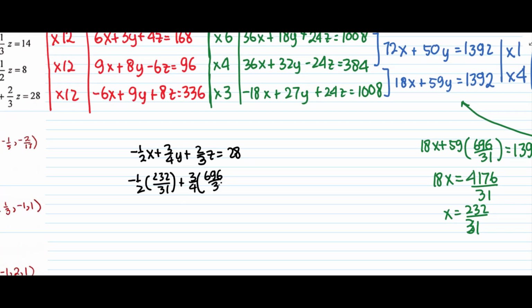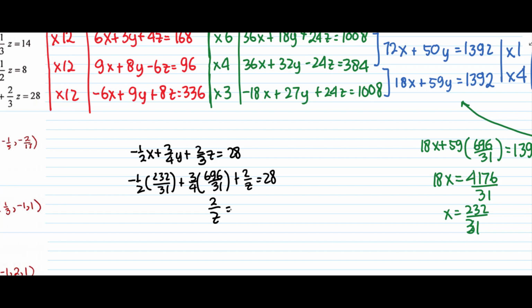696 over 31 plus 2 over z equals 28. So 2 over z equals 28 plus half times 232 over 31 and then minus 3 over 4 times 696 over 31.